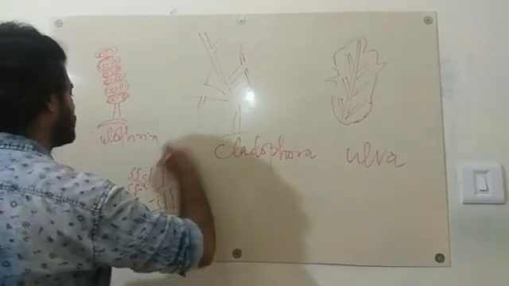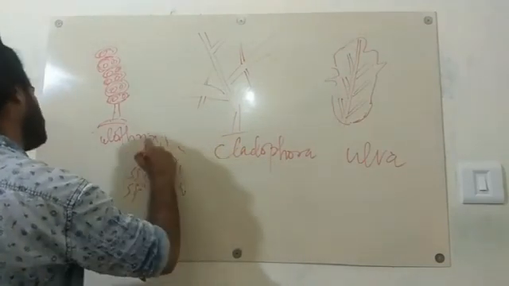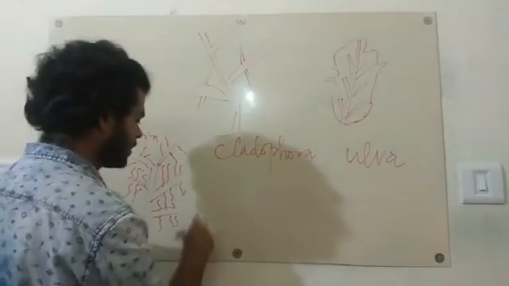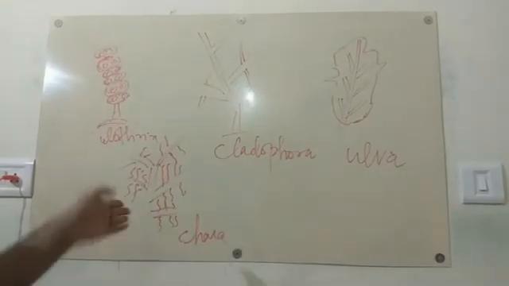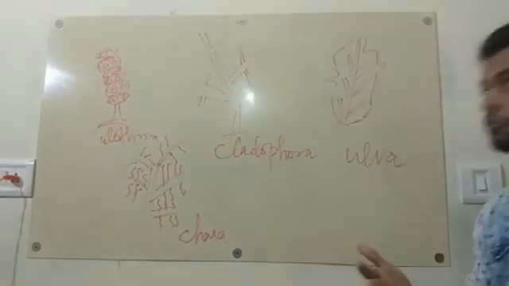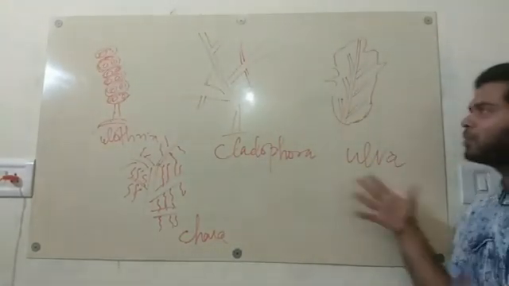Easily you can draw, not taking too much time to draw those. This will be Chara. These four types you can write as examples for the next examination. You can draw it very easily. You don't need to take too much time. You can take time if you know how to draw. If you don't know how to draw like me, you can do it like this.